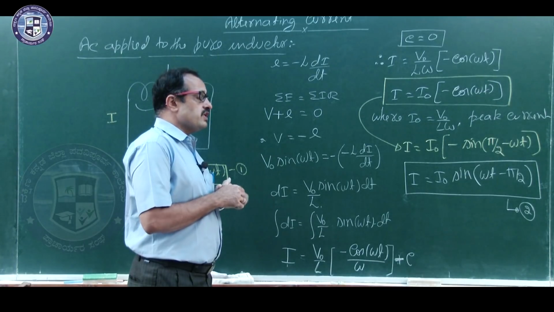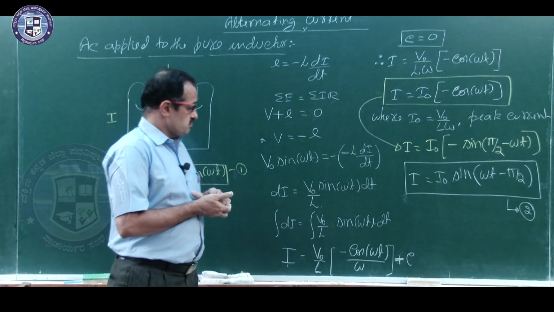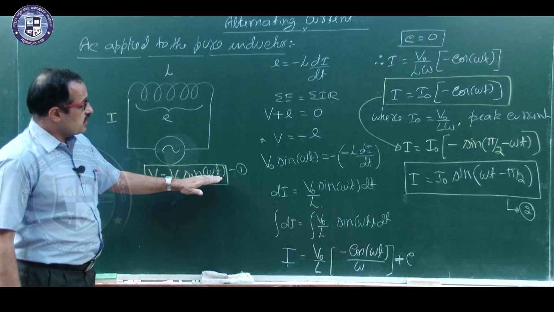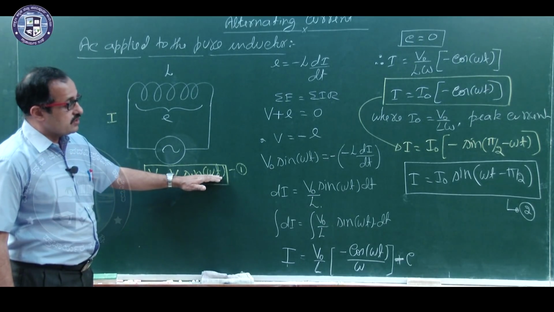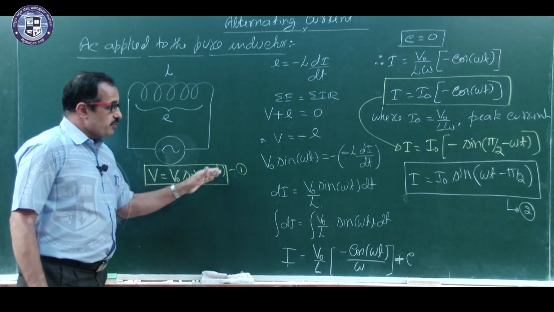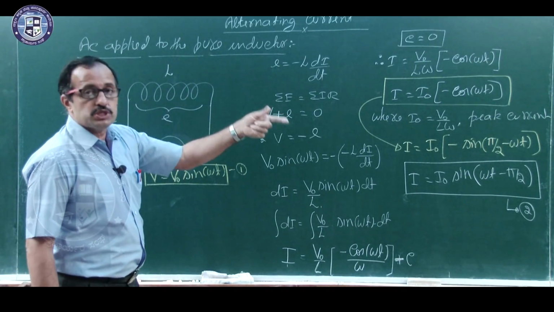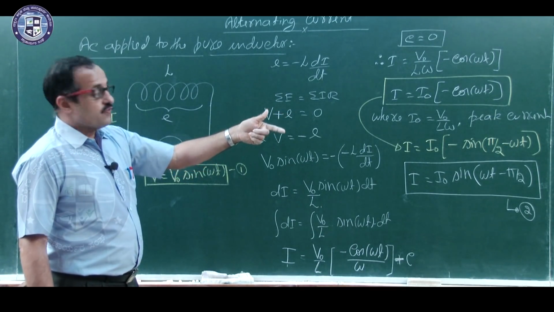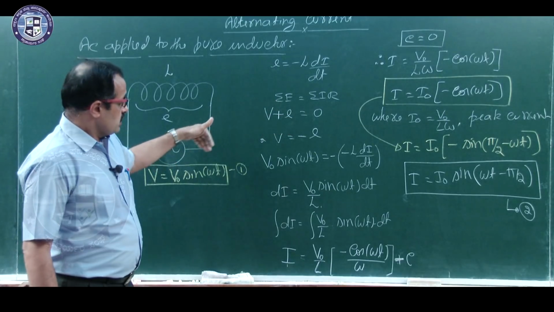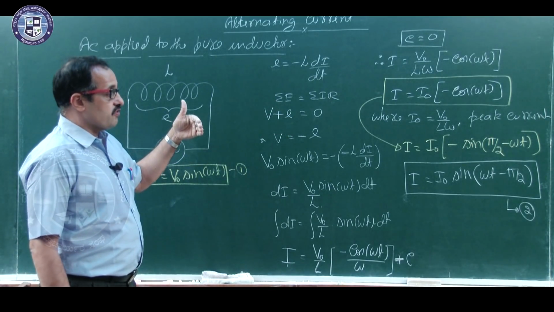And which one is having the higher phase angle? Definitely voltage is having higher phase angle, because if it is omega t, there it is omega t minus pi by 2, 90 degree. Therefore, that is the smaller phase angle.